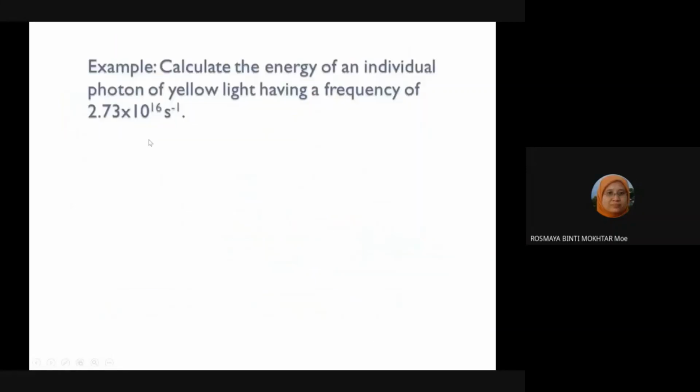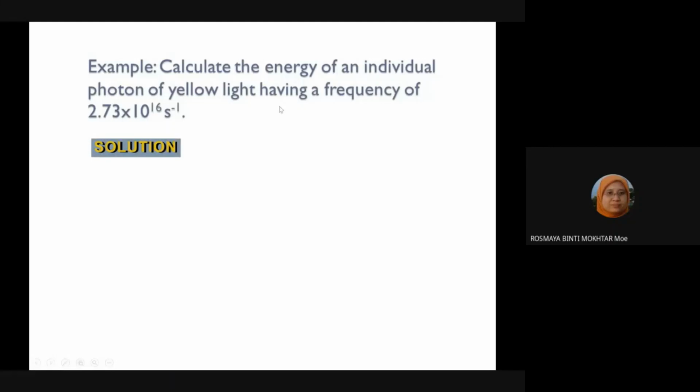We try one simple example. Calculate the energy of an individual photon of yellow light. Yellow light has frequency 2.73 times 10 to the power of 16 per second, or hertz. You are given the frequency. If you are given the wavelength, you need to calculate the frequency using v equals f lambda or c equals f lambda.